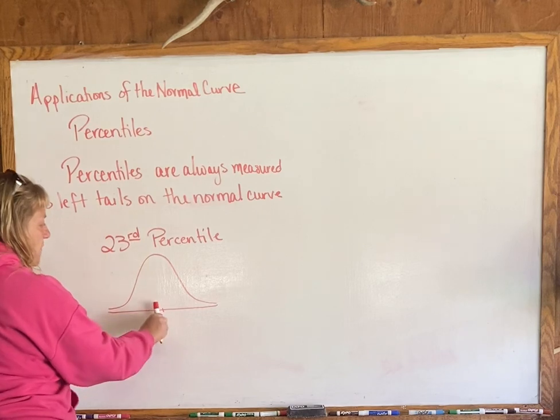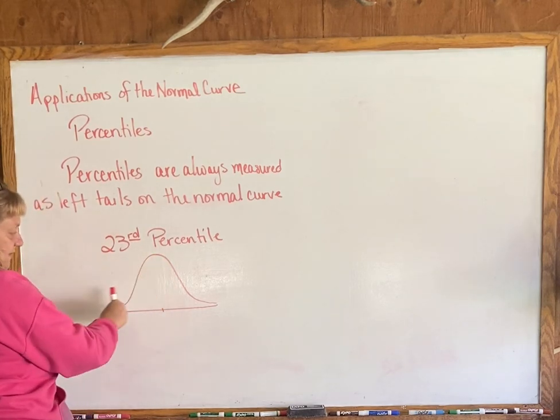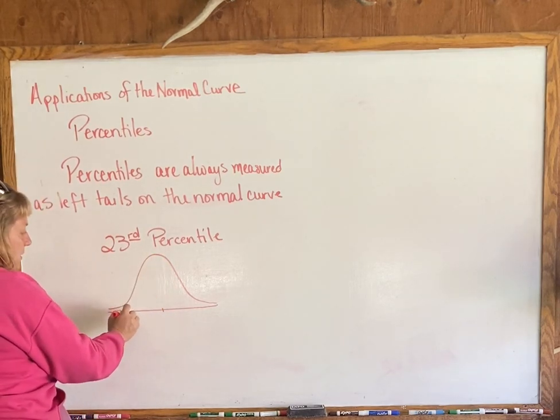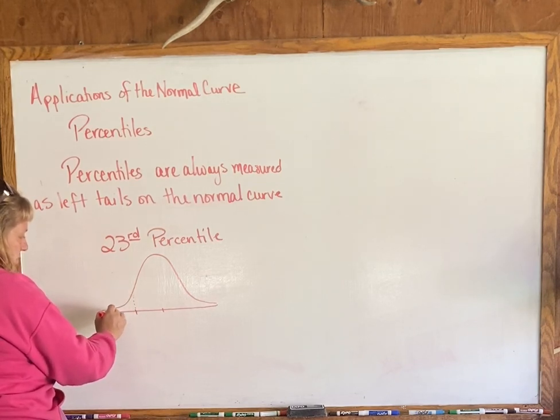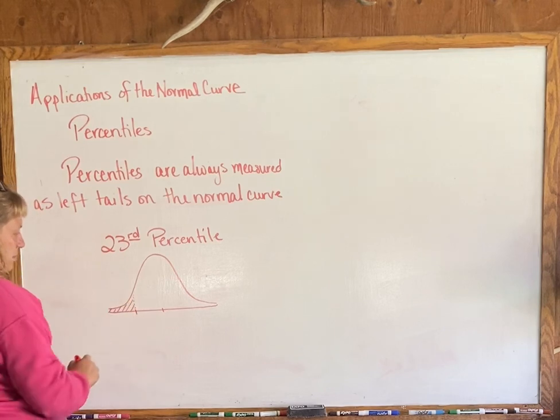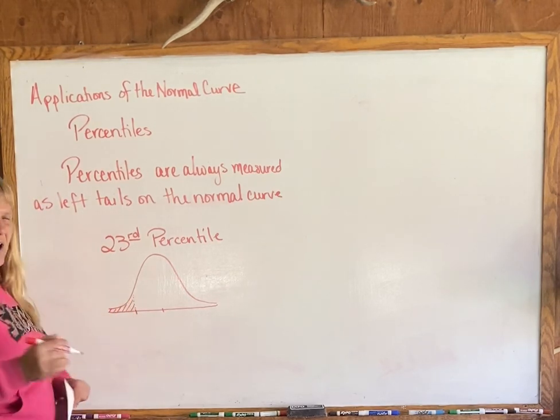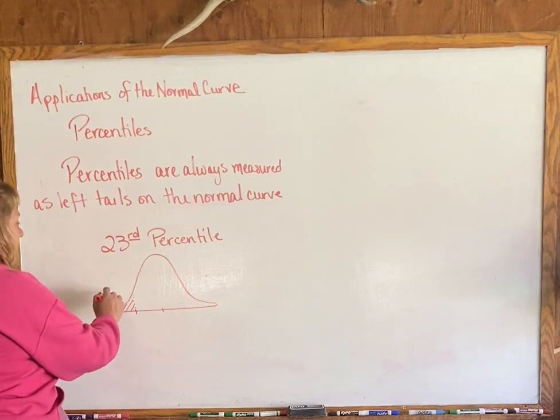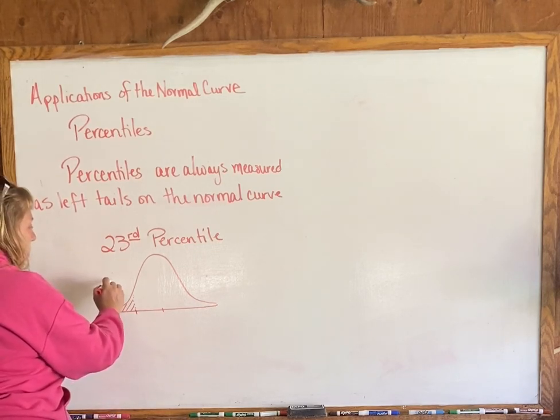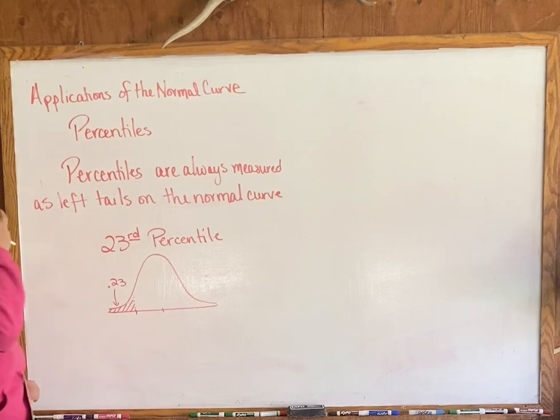So if we go to the middle, that's 50% of the graph, right? So maybe if we shade to about there or so, that might be about 23% of the graph. Remember, it's not to scale or anything. But this part here is 0.23, or 23% of the graph.